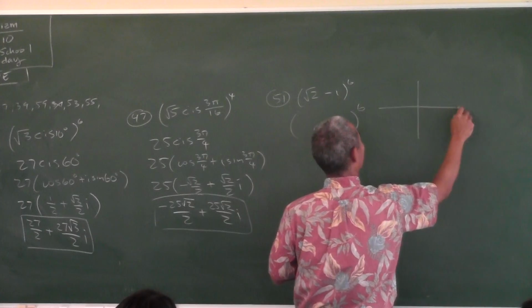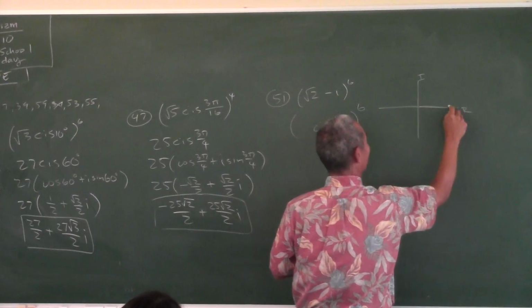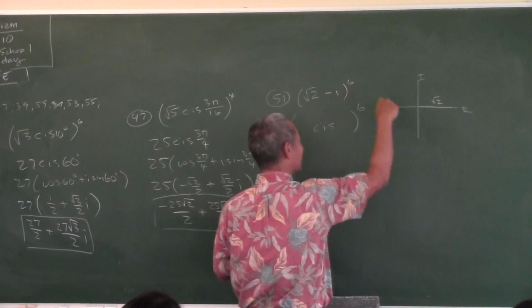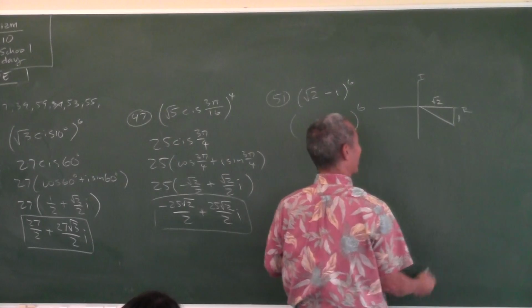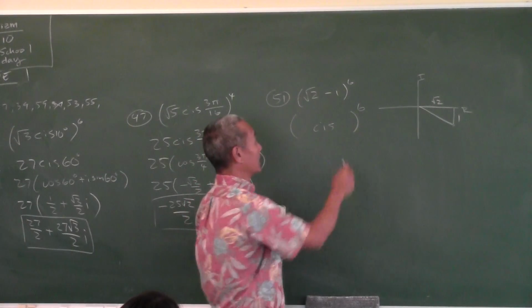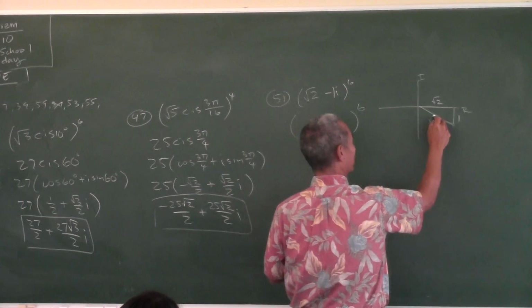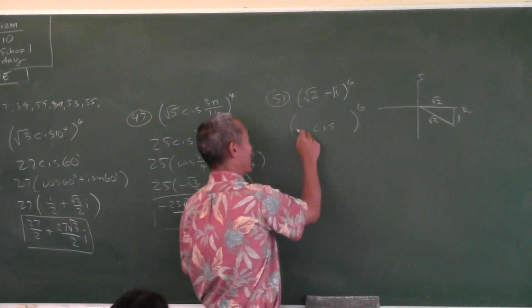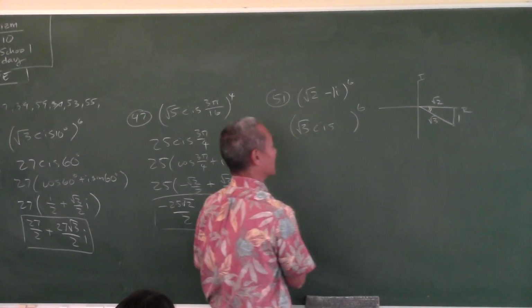Draw the picture. If I go radical 2 to the right and 1 down, how far from the origin am I? Using the Pythagorean theorem, radical 3. Now, what is this angle right here?